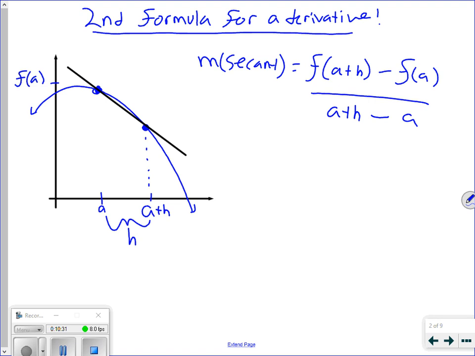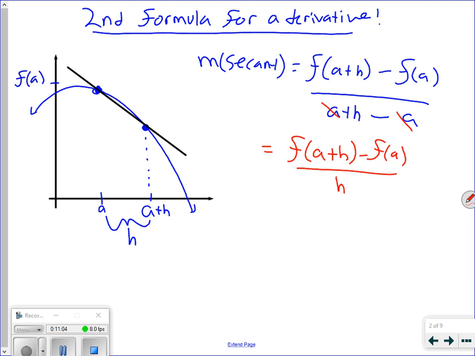So all we did is rewrite the measure of a secant line, just like we did in the previous example, but instead of using a and x, we're using a plus h and a. Same exact formula as before, just different notation. And the reason we do this is because notice what happens. The a's cancel on the bottom. So another way of saying this is f of a plus h minus f of a over h.